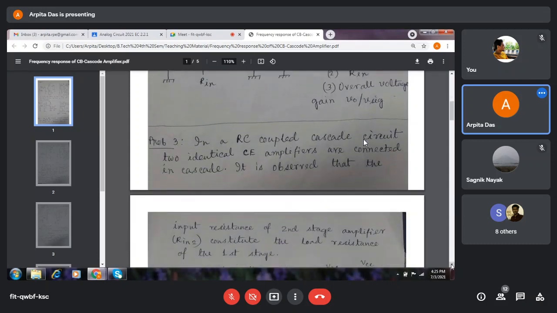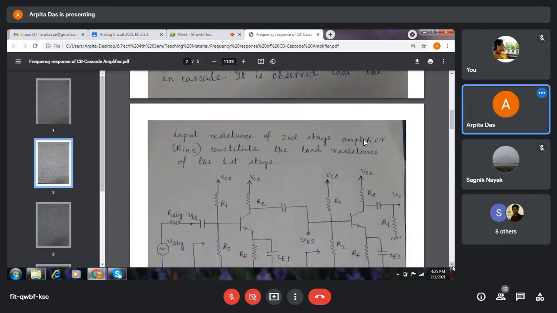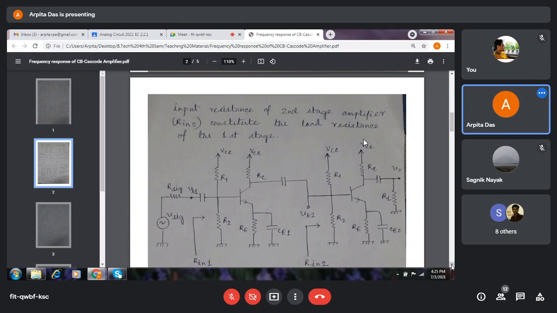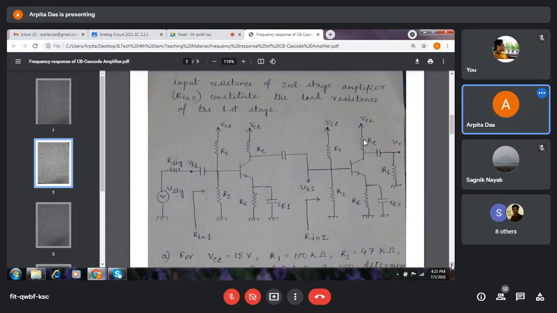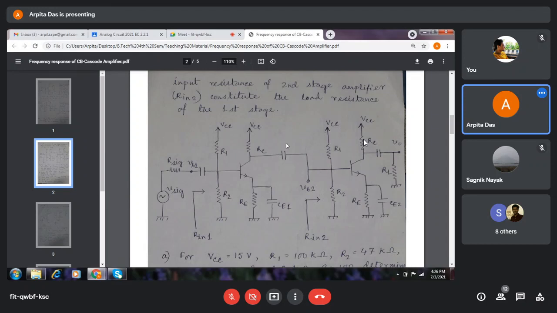And the third problem is an interesting problem. It is a simple RC coupled cascade circuit. Cascade means coupling or connection of two amplifiers, and the composite structure will give you some improvement. Here we have two CE amplifiers coupled by these resistance and capacitance values.